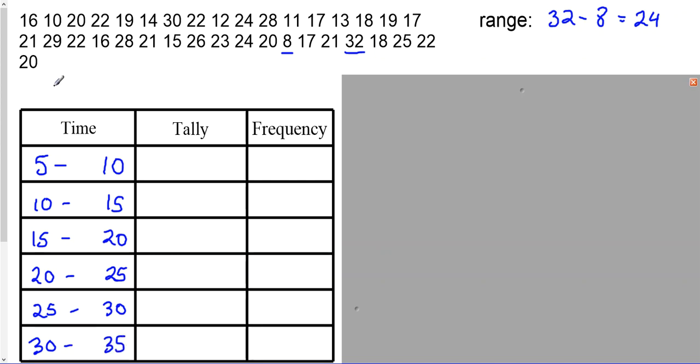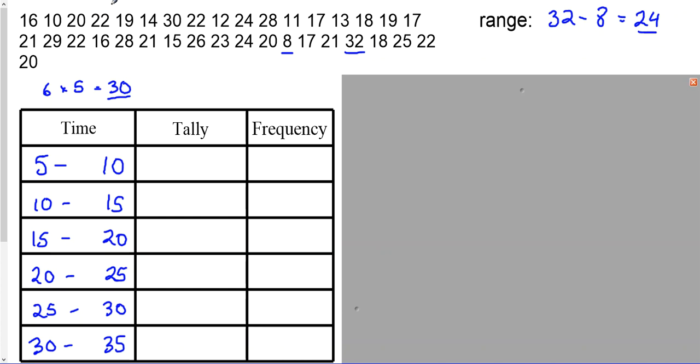So I've got 2, 4, 6 bins. Each bin is 5 wide, which gives me a grand total of 30 for my range, okay, which is bigger than the range of 24 that I need to capture. So I'm okay here.